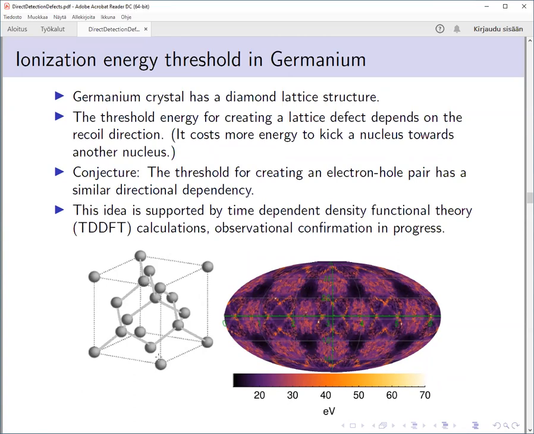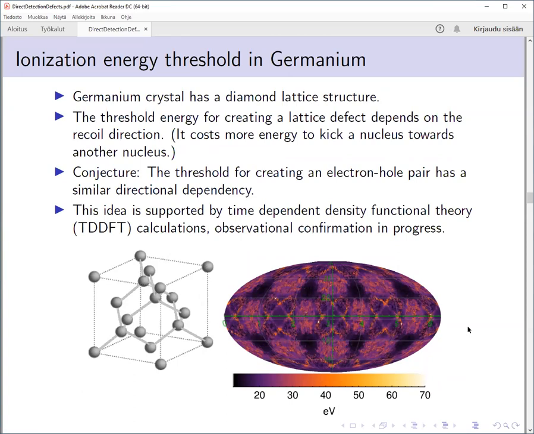Now, the first use case that we have considered here is an experiment using germanium, where you have a voltage over your germanium crystal, and you try to see the ionization that happens when you hit an atom in the crystal. And now this device has already been built or prototyped.